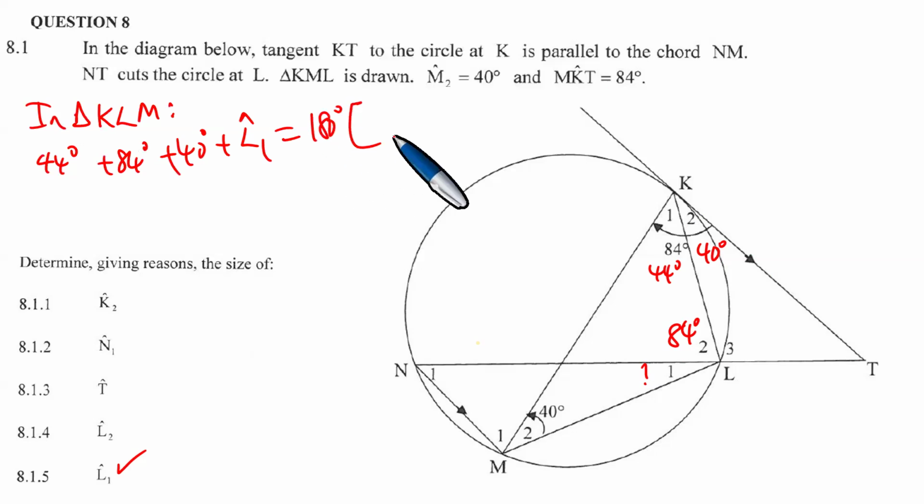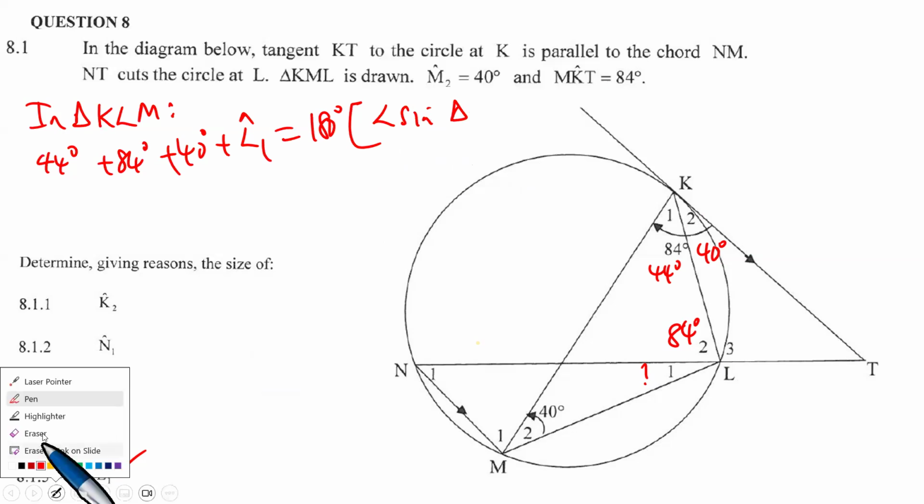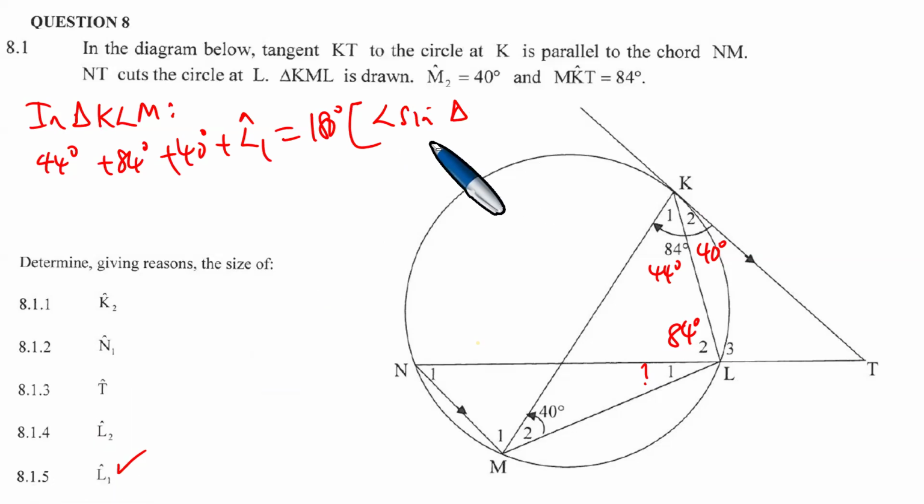Why? Angles in a triangle. It's also acceptable to say, in short, angles sum in triangle. With this we are able to do algebra.